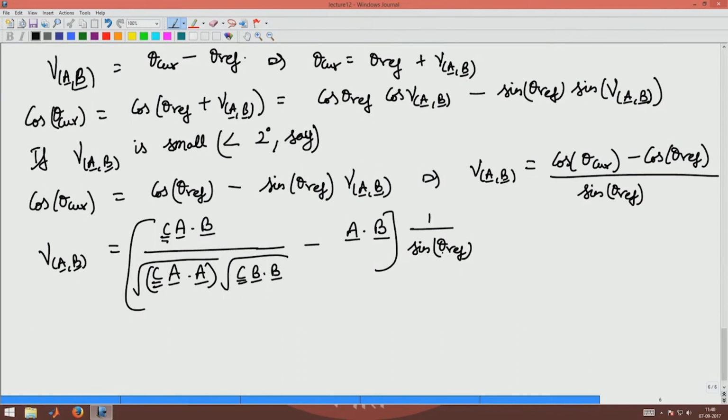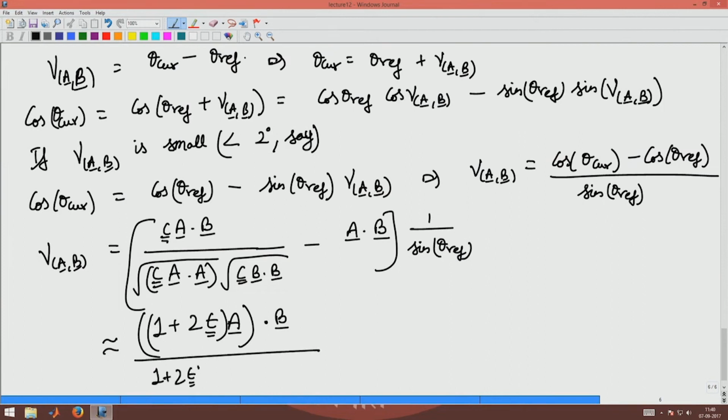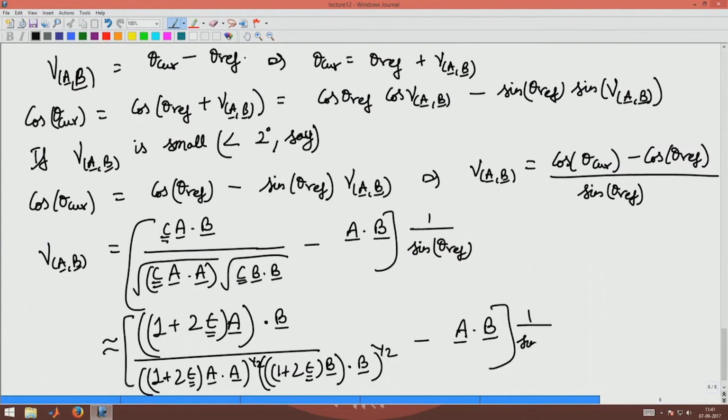Okay. Now, you know that I can approximate this as 1 plus 2 epsilon for C, and that acted upon by A dotted with B, and the denominator would be again (1 plus 2 epsilon A dot with A) whole power, into (1 plus 2 epsilon B dot with B) the whole power, minus A dot with B, the whole multiplied by 1 by sine of theta ref.